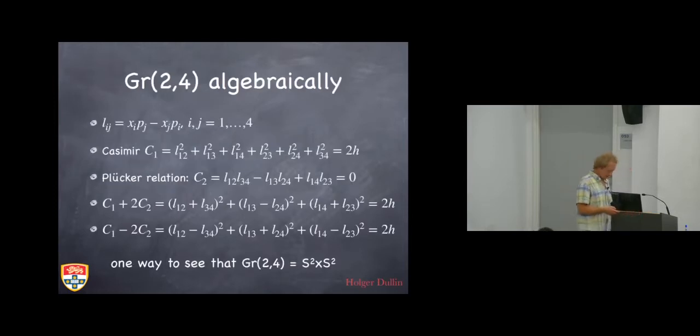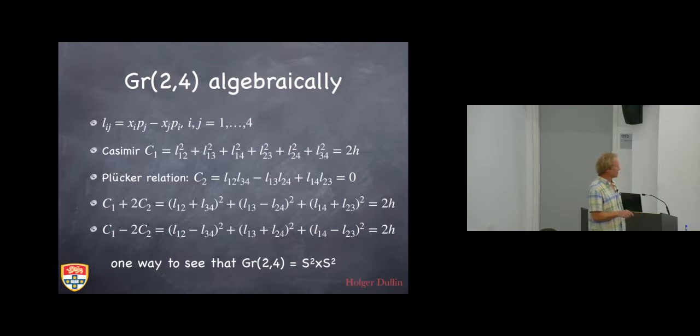Okay, so just a little digression. How do you see that it's S2 cross S2? There are many beautiful ways of seeing this, but this is a very simple, explicit way. So this SO4 Lie-Poisson bracket has 2 Casimirs. One is just the sum of all the squares of these 6 angular momenta.